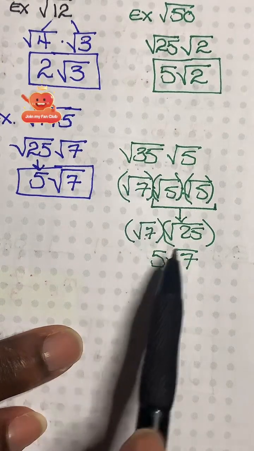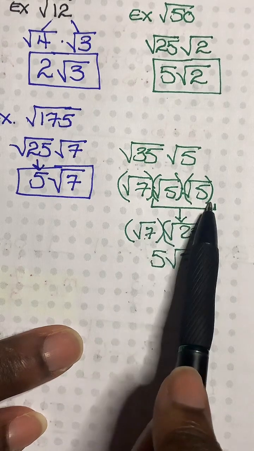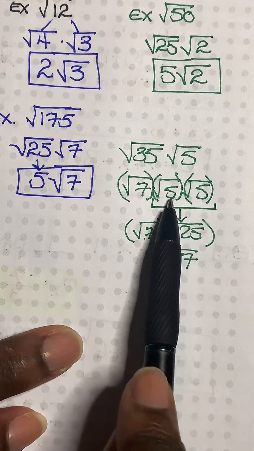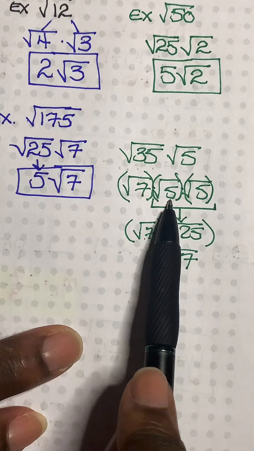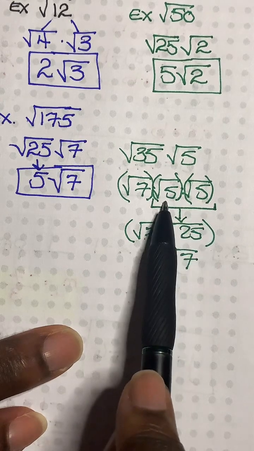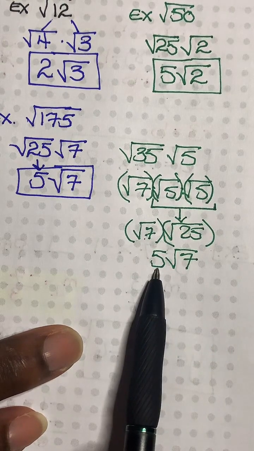That gives me 35. But here's the secret with radicals, especially when you're multiplying them. When you're multiplying radicals and they're the same number underneath, these numbers are called radicands. When these radicands are exactly the same, your answer will be whatever the radicand is without the square root.